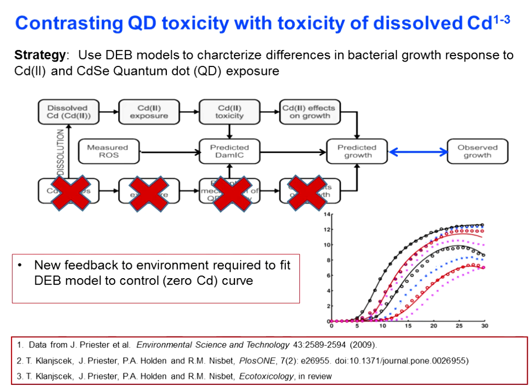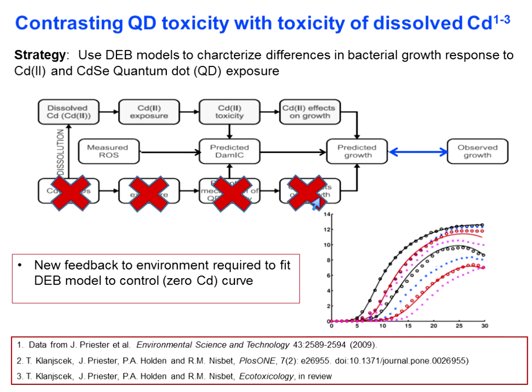The assumption is that cadmium is the toxic material here, and so the idea is to look first at the effects of cadmium alone. And what that means is that in terms of the processes described by the box in the previous slide, I'm ignoring everything along the bottom line here.